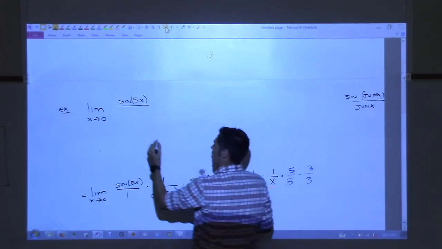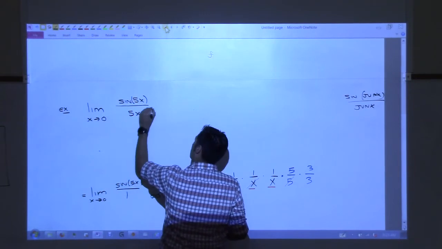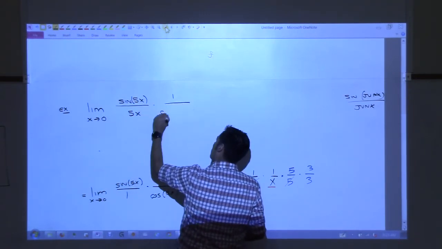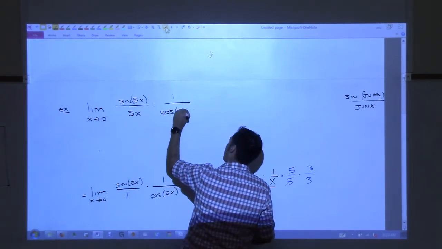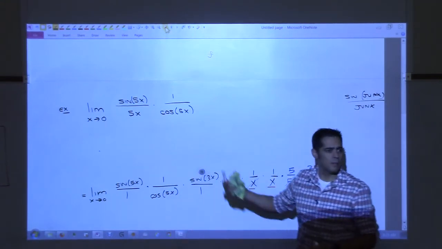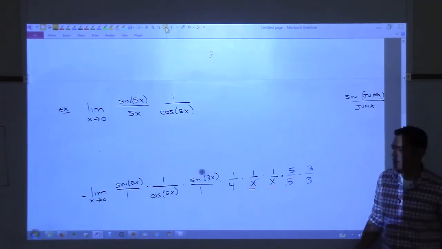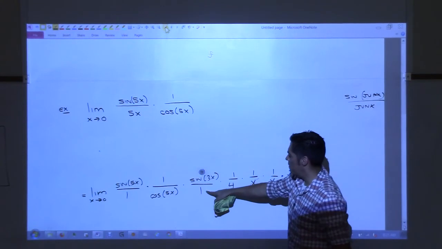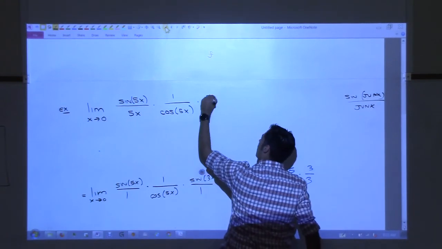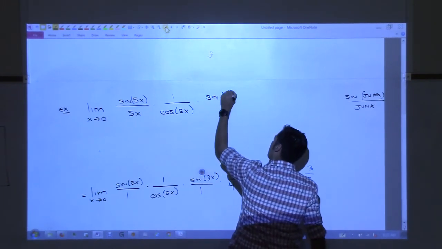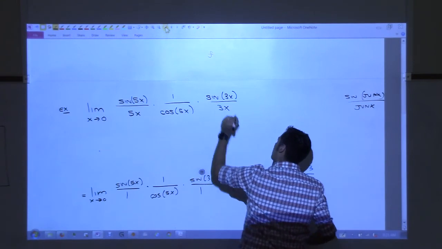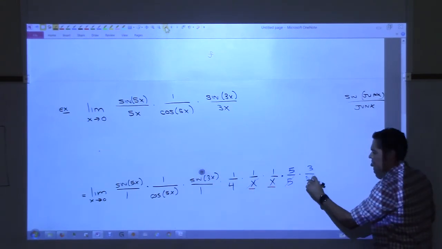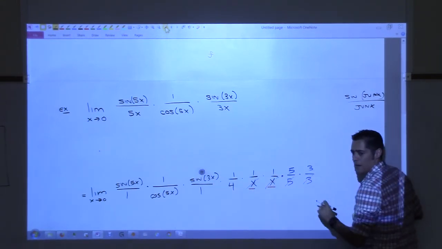So I've got 5x here times 1 over cosine 5x. I'm actually not even going to touch that, right? I'm not even using that as part of the problem. It's just there. And then this sine of 3x, I'm going to introduce on the bottom the 3x. And that was this 3 and that x, right? Have now moved over.